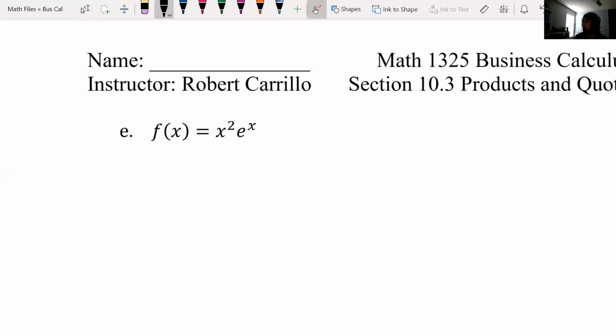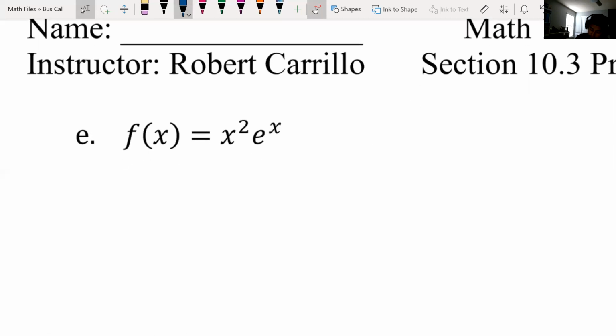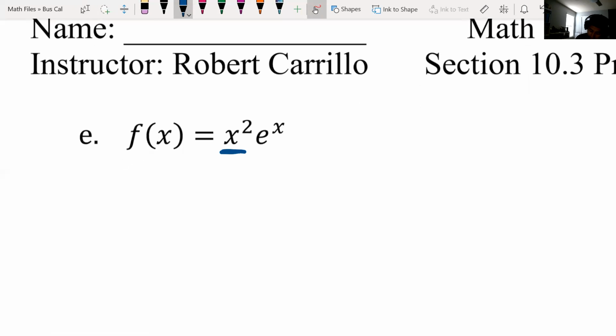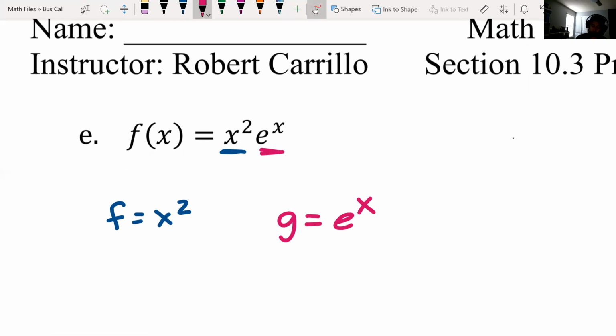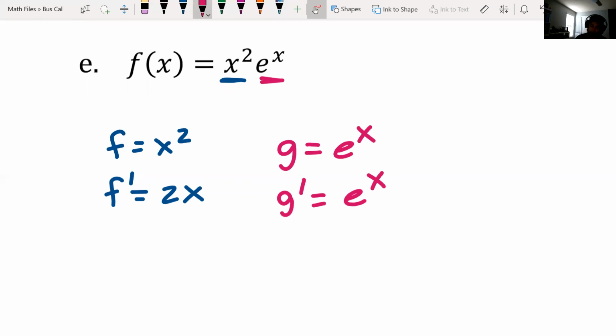All right. X squared times e to the x. So just like all the others, there's f. F is x squared. And then there's g. G is e to the x. Take their derivatives. F prime is 2x. And then g prime is still e to the x. Okay. Taking the derivative of f of x.